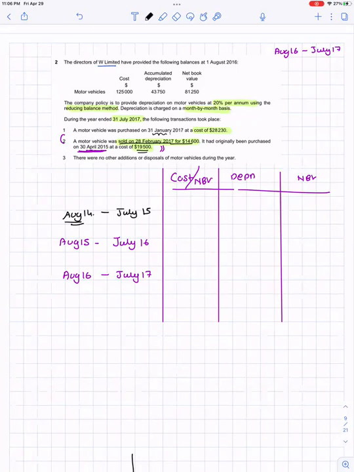And I have purchased it on 30th April 2015. What is the cost of the asset? 19,500. 3 months for depreciation. April is done. May, June and July. 3 months depreciation.